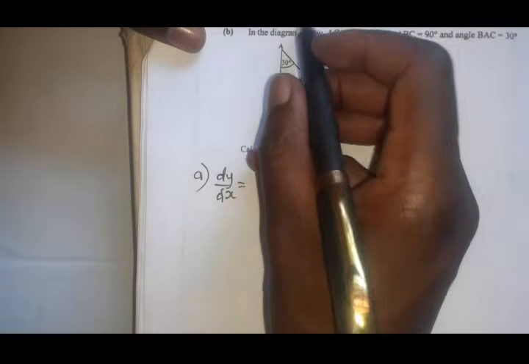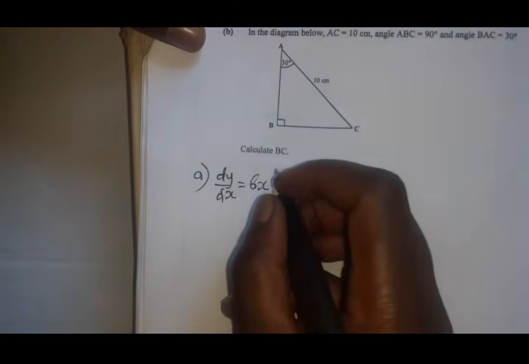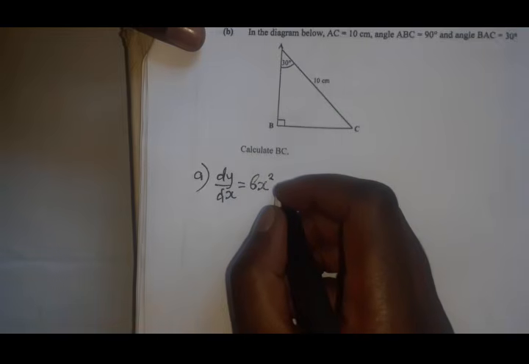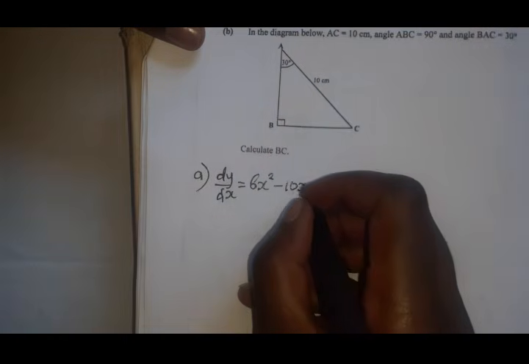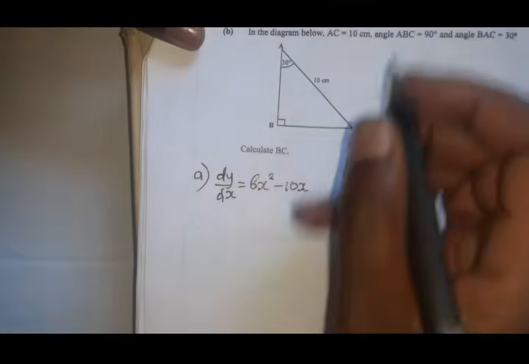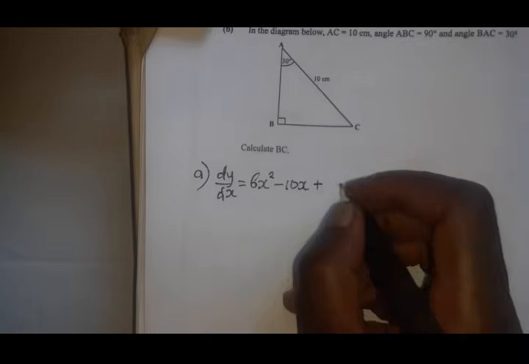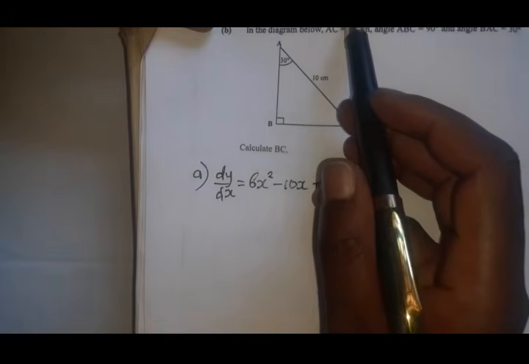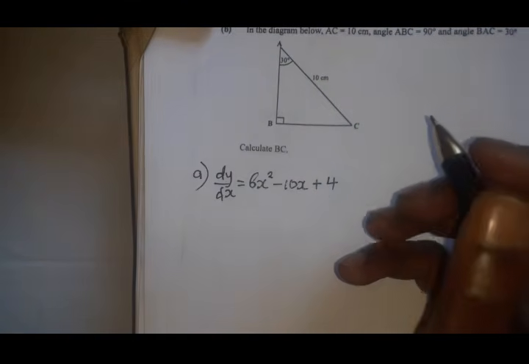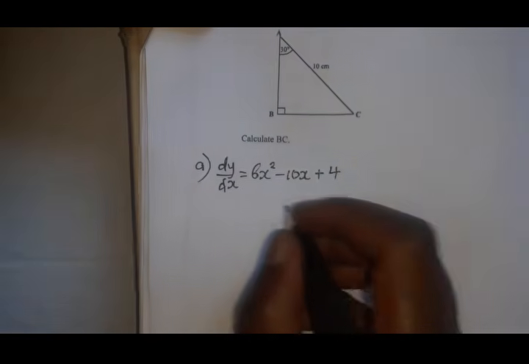We multiply this 3 by 2, we get 6. Then we subtract 1 from that 3, we remain with 2. Then here 2 multiplied by 5, we get 10x. 2 minus 1 gives 1. Then plus 4, because here it will be 1 minus 1, which will be x to the power 0, and that will be 1. The derivative of a constant is 0.